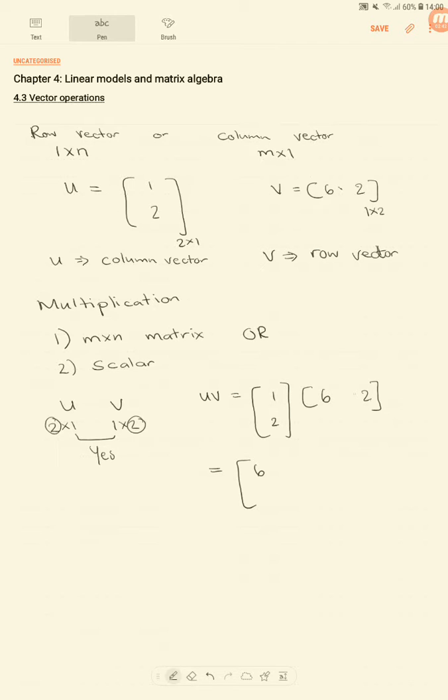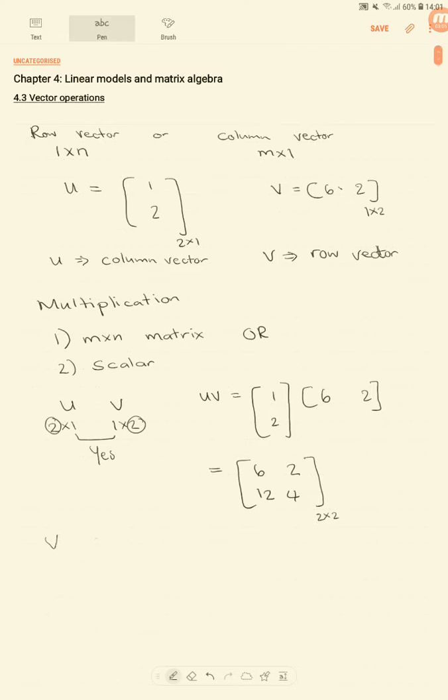Row 1, column 2 is 1 times 2, which is 2. Row 2, column 1 is 2 times 6, which is 12. Row 2, column 2 is 2 times 2, which is 4. So we end up with a 2 by 2 matrix.